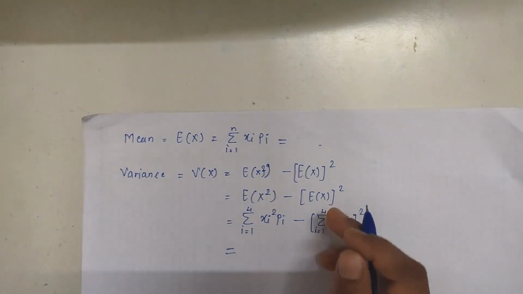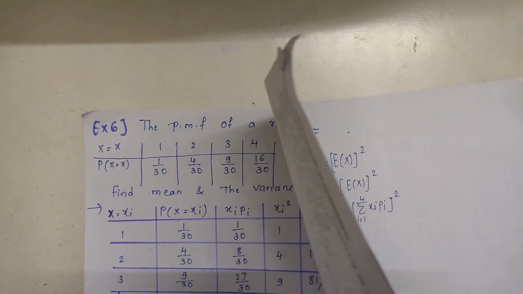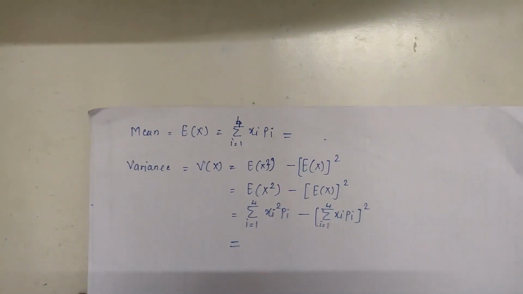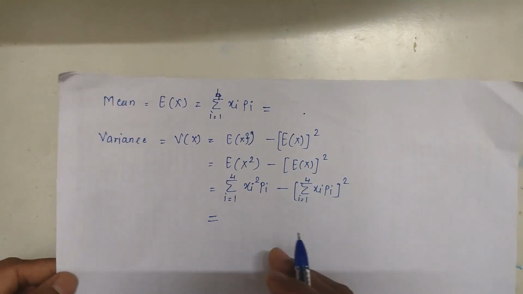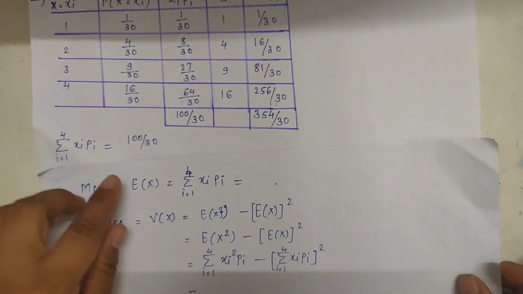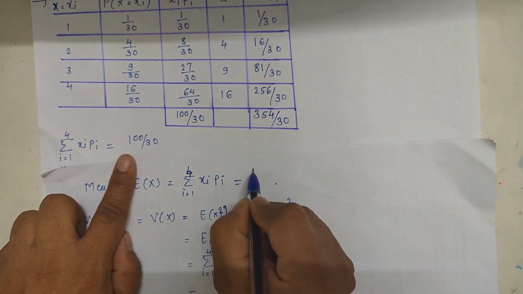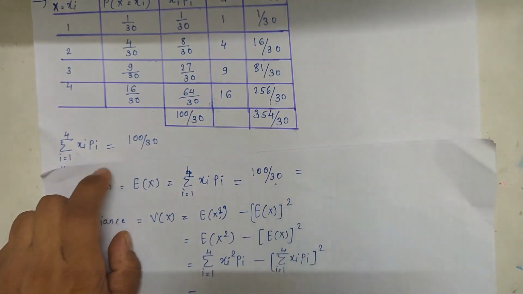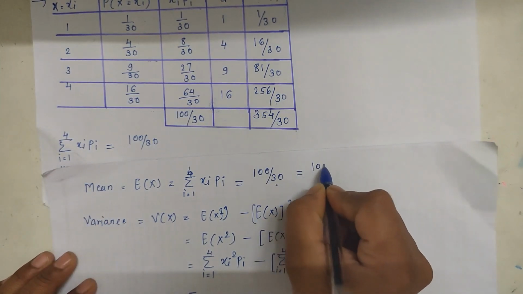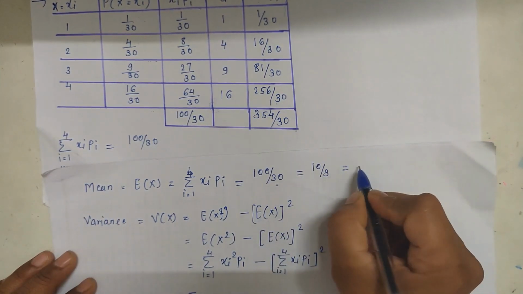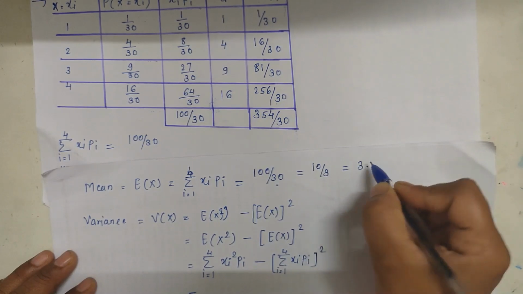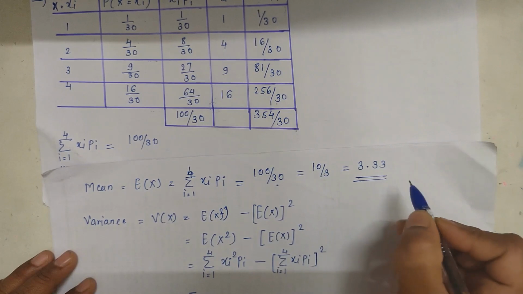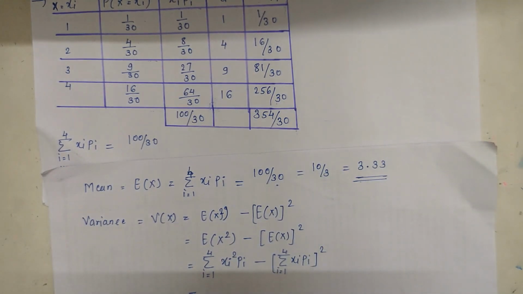Here n is equal to 4. Summation xi pi is equal to 100 by 30, that is in shortest form 10 by 3, and in decimal form 3.33. This is the value for the mean or expected value.